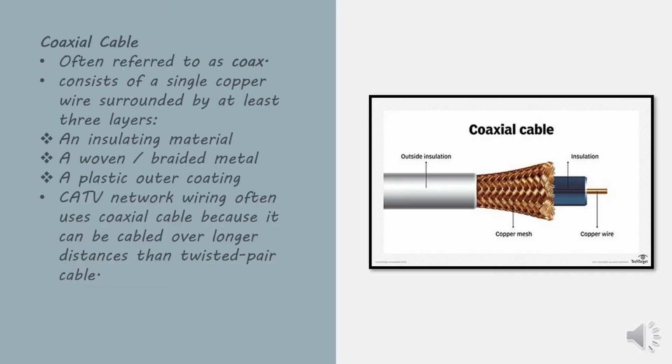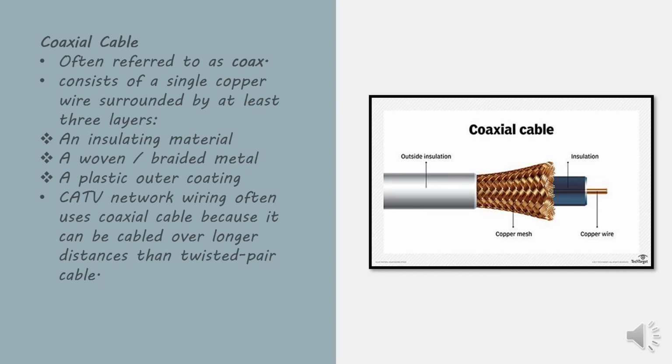The second physical transmission media is coaxial cable. Coaxial cable, often referred to as coax, consists of a single copper wire surrounded by at least three layers. The first one, an insulating material, the second one, a woven or braided metal, and the third one, a plastic outer coating.